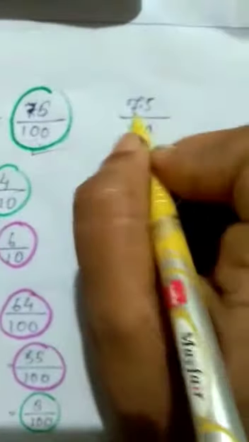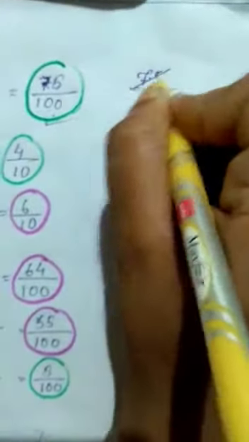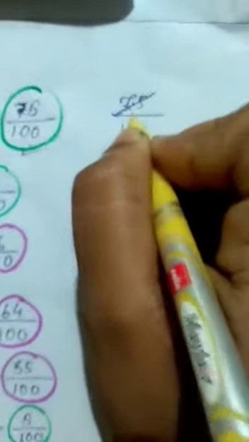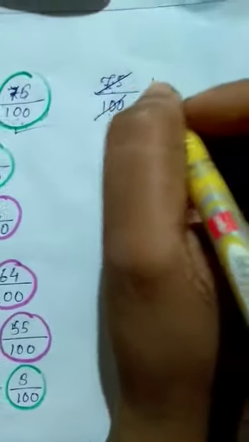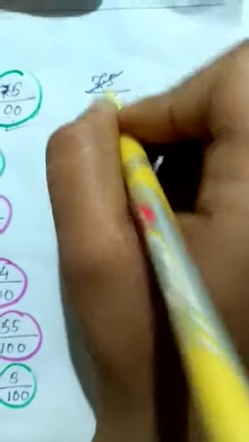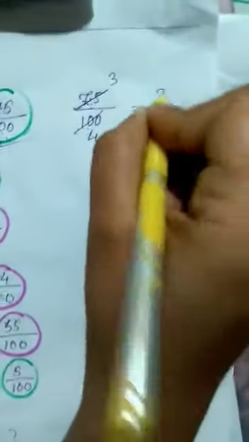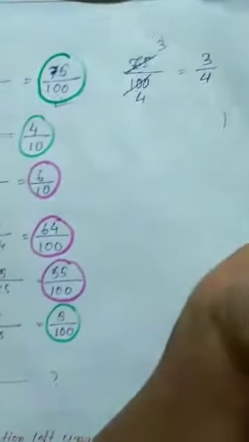Students, here you can see 25 is a common factor of 75 and 100. So if you divide 75 by 25, you will get 3, and 100 by 25 gives 4. So after reducing we get 3 by 4, or you can take the HCF also.